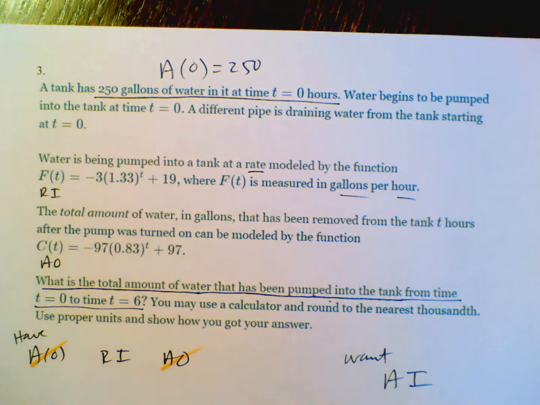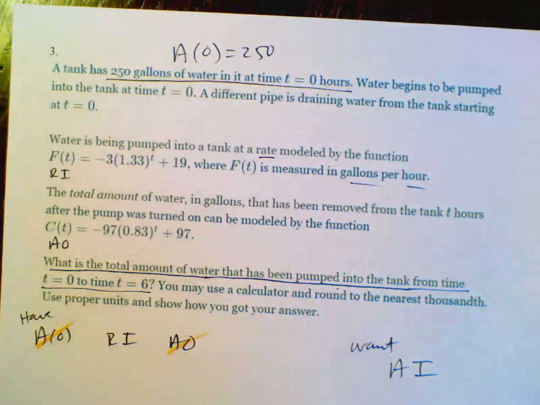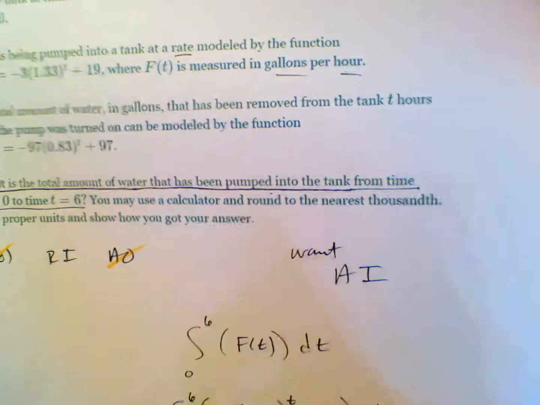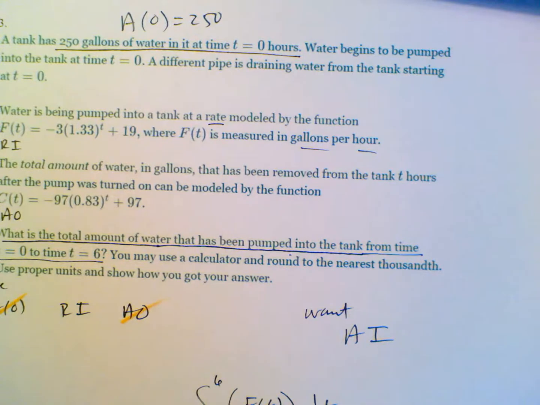So from like 0 to 5, water is just being pumped in, and then starting at 5 hours in this case, water would be going in and coming out. So that is a common situation. And what it does is it would change the endpoints on the integral and would change how many integrals you would need to use. So I'll find some like that.